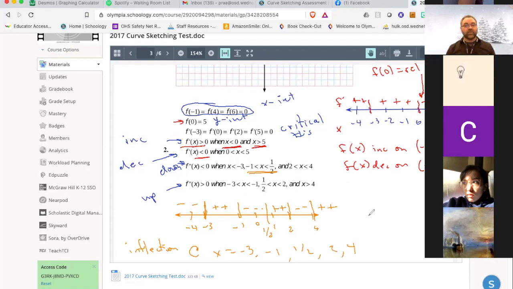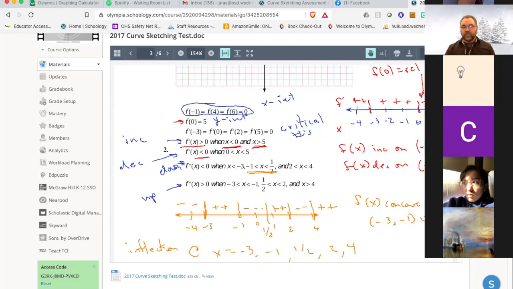So lots of inflection points. And then we could say f(x) is concave up on, let's see, -3 to -1, union with 1/2 to 2, union with 4 to infinity.